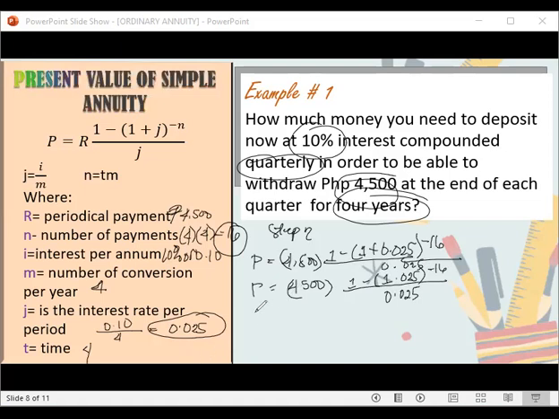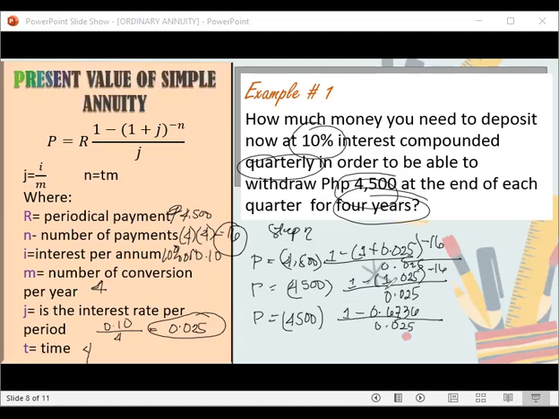So, syempre, next one is to get the exponent. So, 1 minus 1.025 raised to negative 16. Ang sagot po ay 1 minus 0.6736 over 0.025. Okay, so ano na po yung susunod na gagawin natin dito?